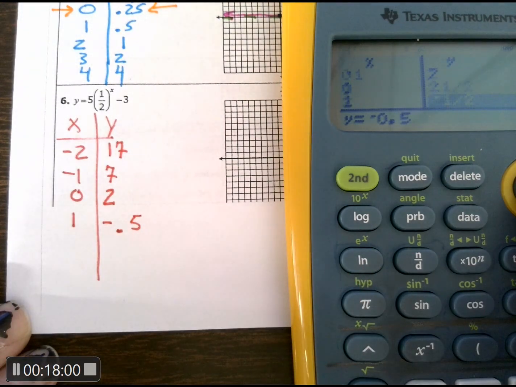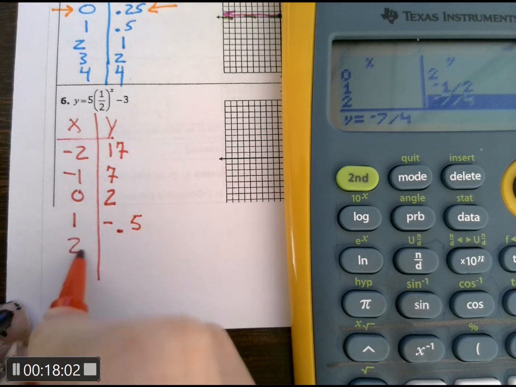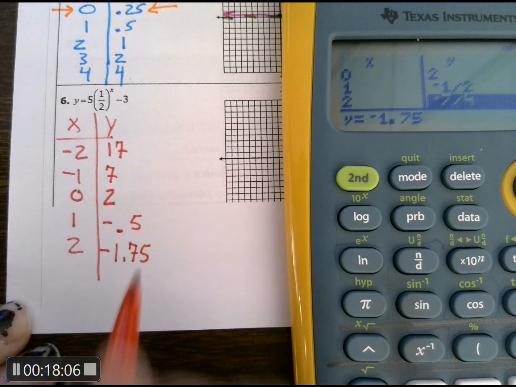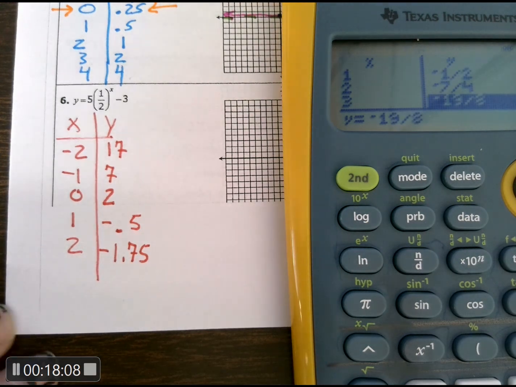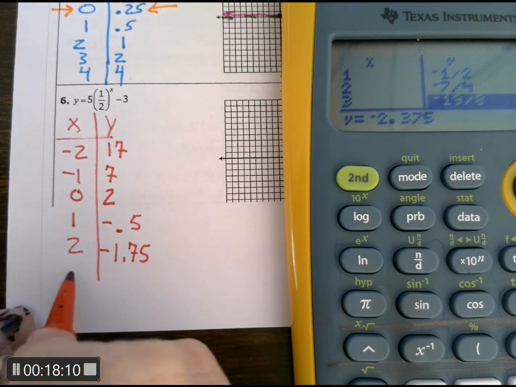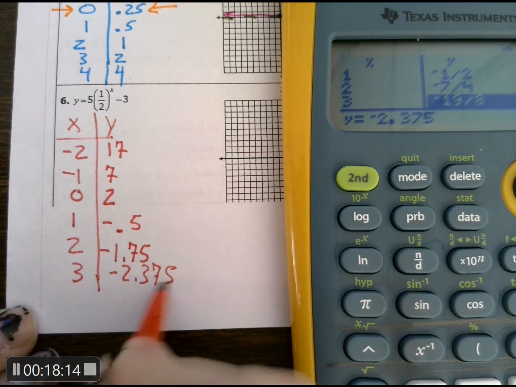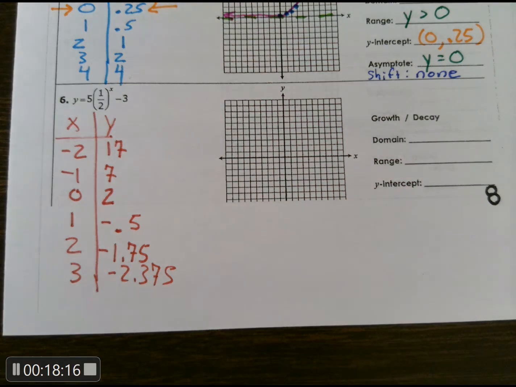So negative 0.5. And then 2, negative 1.75. And then I'm going to do one more for 3, negative 2.375. Alrighty, so don't need that anymore. And now we can plot them.